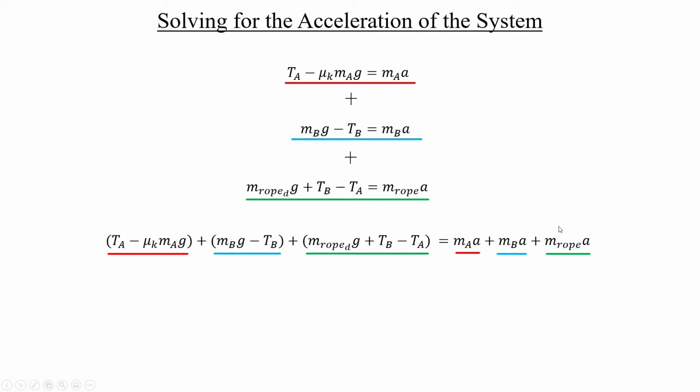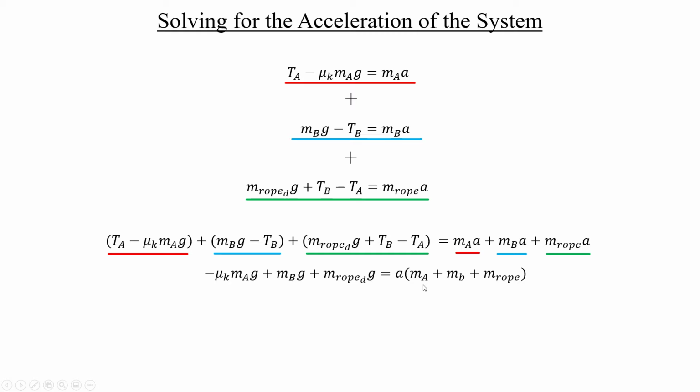And since that's what we want to solve for, I'm going to also factor out the acceleration on the right-hand side. So the next line is all the simplified stuff from the left-hand side. We got rid of the tension terms. And then down here, we've just factored out the acceleration.